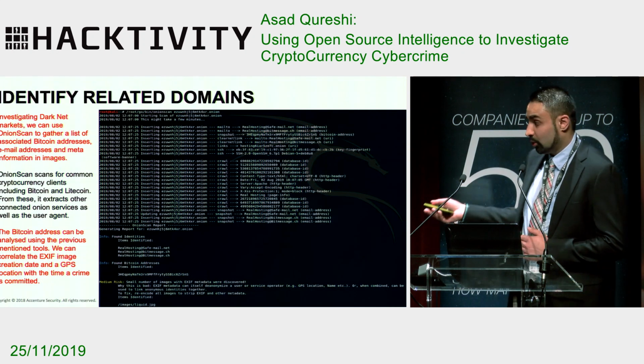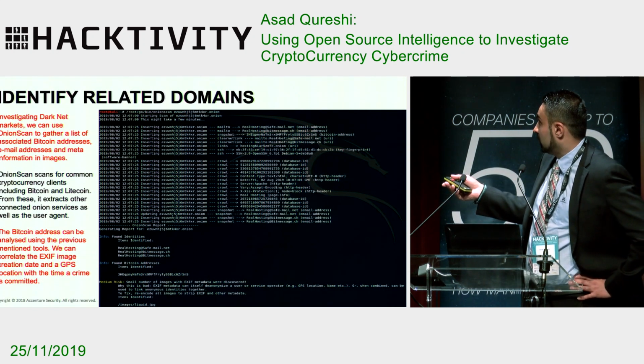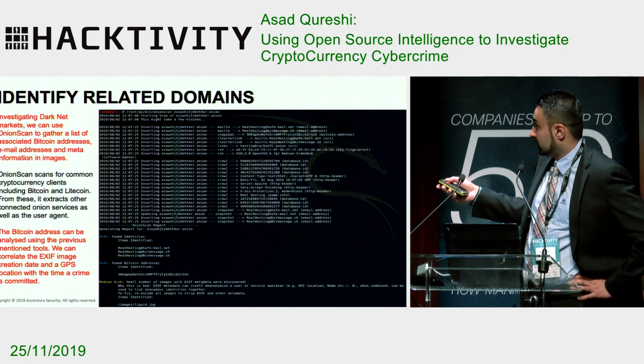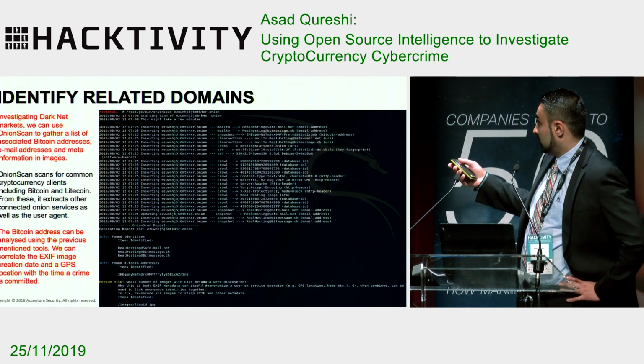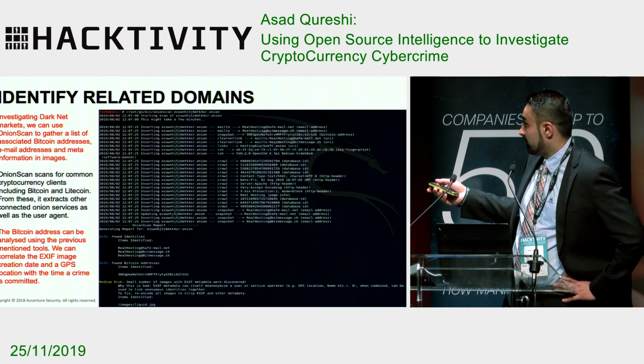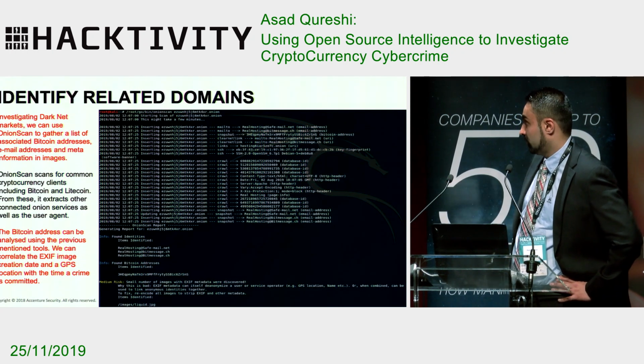Okay, so when we are working with forensics, we will try to find the related domains. So what we do is we take the Bitcoin address and use the onion scan tool.